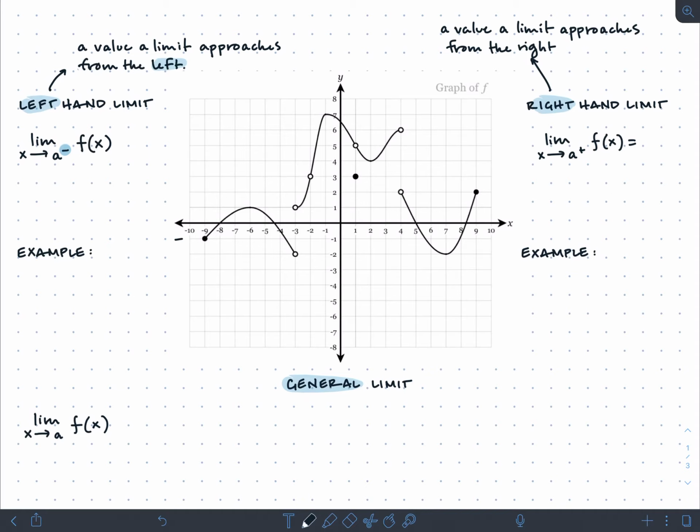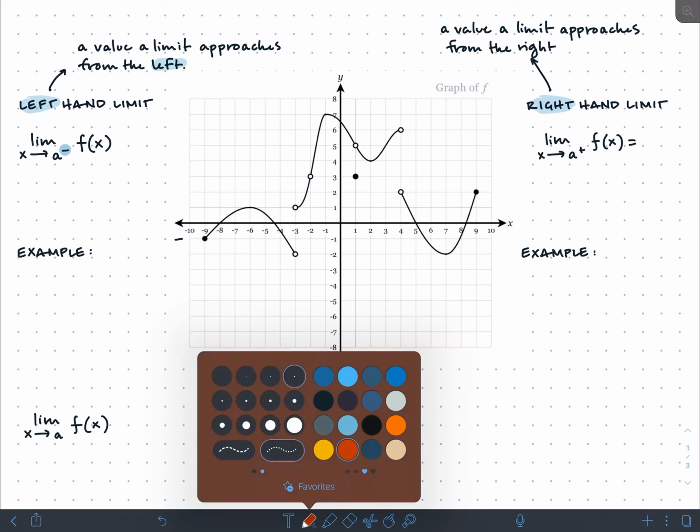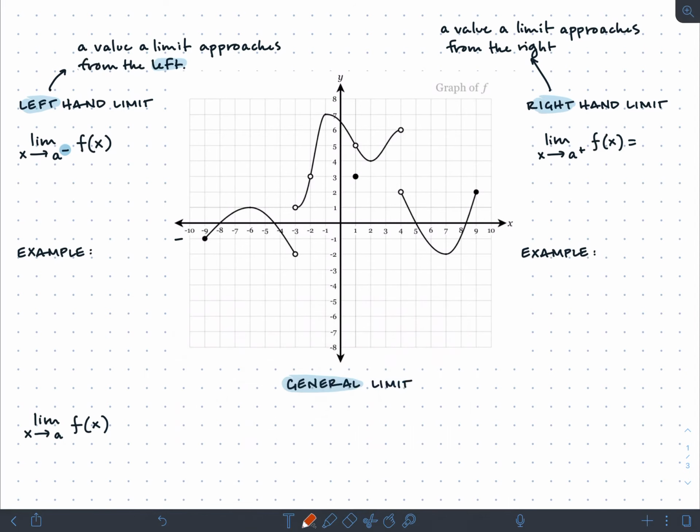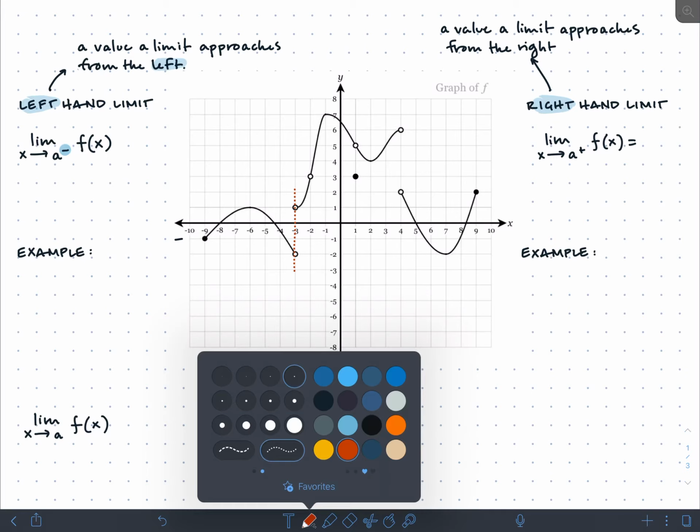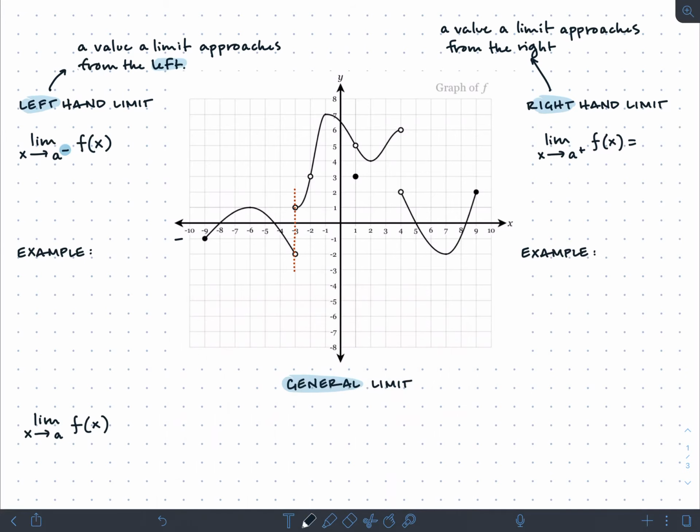So we're going to give an example and we're going to use the value at -3 here. So I'm going to draw this vertical dotted line to show you the direction that we're going. If I wanted to write this limit, I would say the limit as x approaches -3 from the left of f of x. So I'm including that small negative sign there.